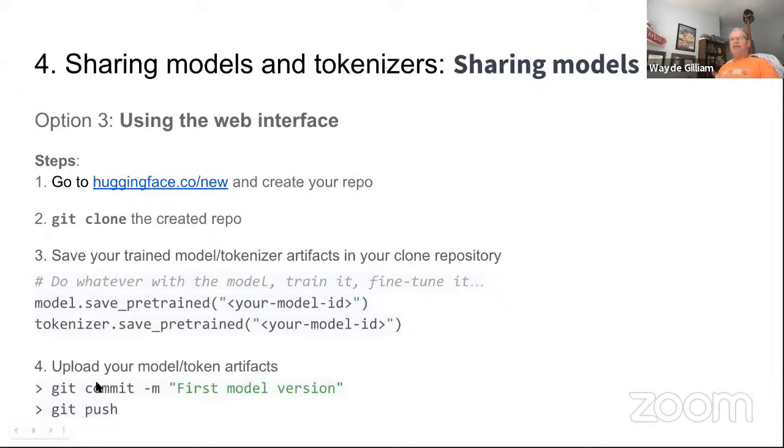And then once you have those, you actually need to do a git add dot to add all those files, commit them, and then push them to the repo that's created right here. So it's a little bit more manual, but you also have a lot of control, and you can do a combination of both. So once you've used the push to hub, if you need to make changes, you could go ahead and git clone your repository, make changes, and then push those artifacts up there.